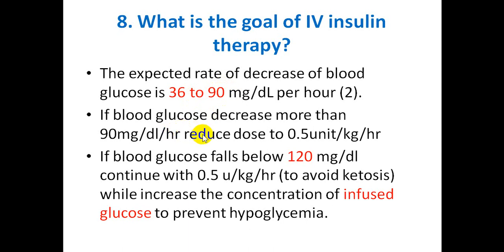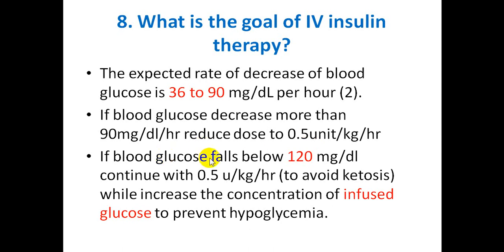So in this case, we need to reduce the dose to 0.05 unit per kg per hour instead of the original, which is 0.1.